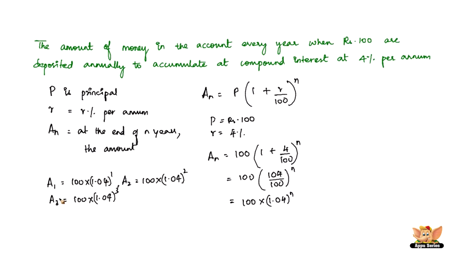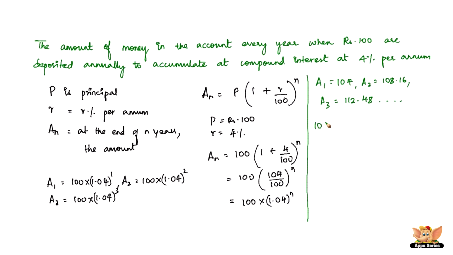Let me solve it here. A1 is 100 times 1.04, which is exactly 104. A2 is going to be 108.16, and A3 is going to be 112.48, and so on.